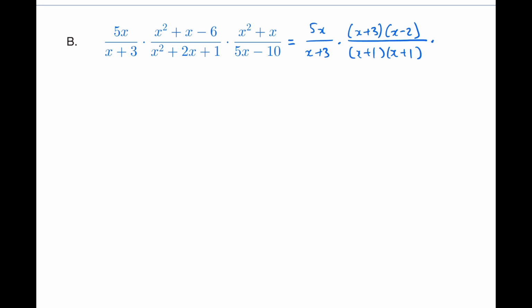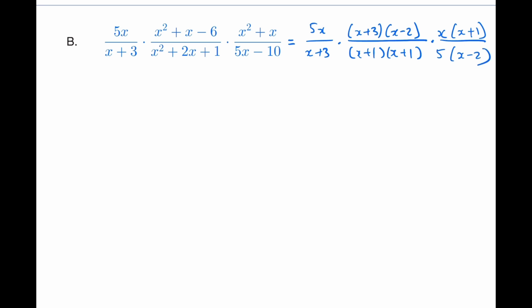And then lastly, we would factor this, and we'd see that there's the greatest common factor of x, so we'd factor that out, and we would get x times x plus 1 divided by, and then down in the denominator, we'd find that the greatest common factor is a 5, and so we factor that out, and we get 5 times x minus 2.